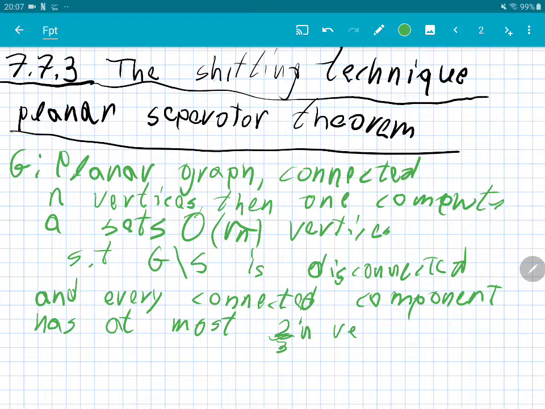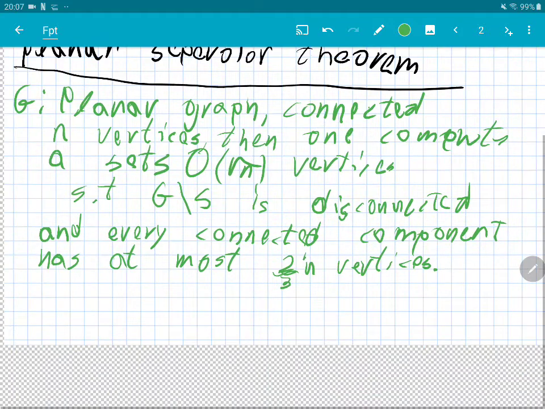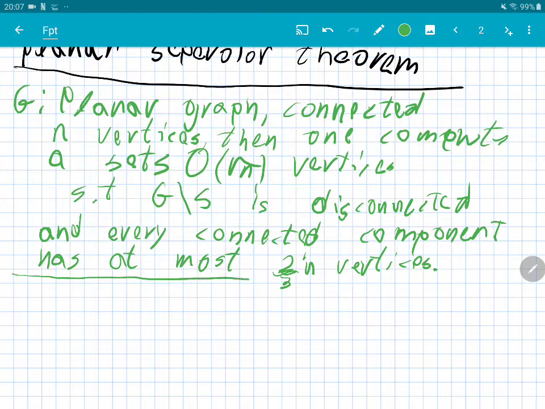And instead of 2/3, you can choose any constant you want, essentially. This doesn't really matter. So this is a beautiful theorem due to Lipton and Tarjan.